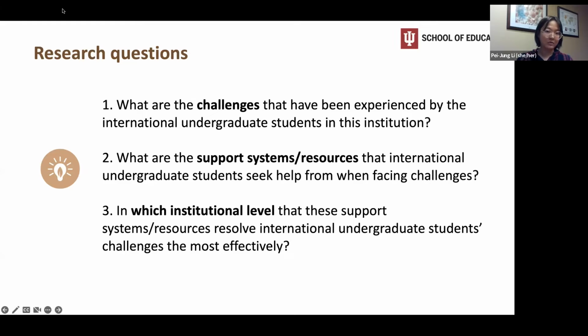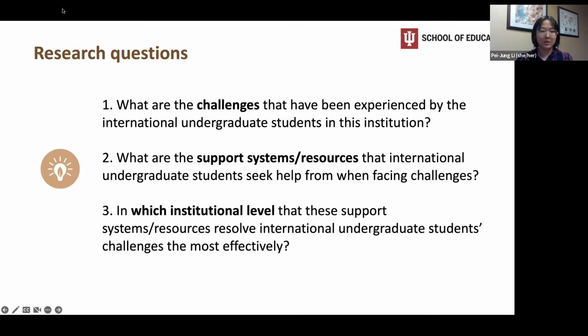That's my personal motivation. But also, if my major is in mental health or counseling, then I would also want to care about the support system when international students face these challenges.